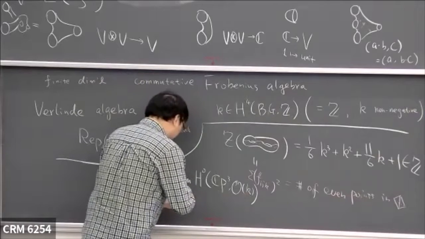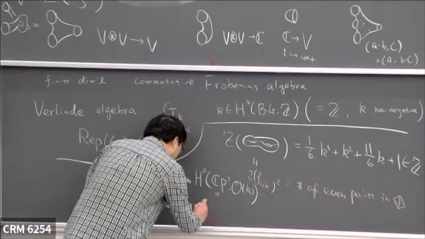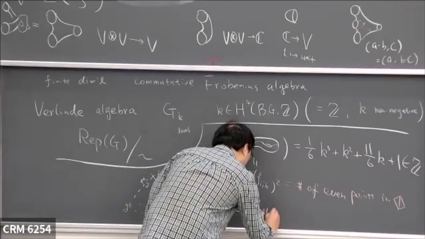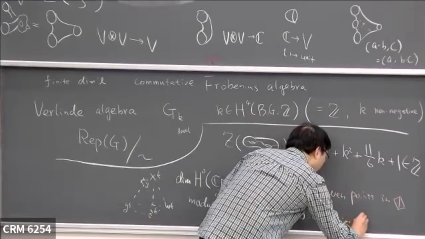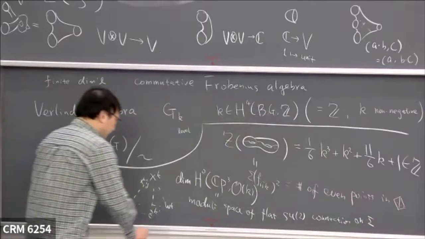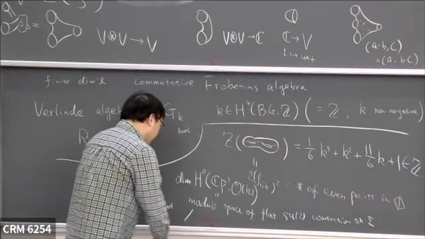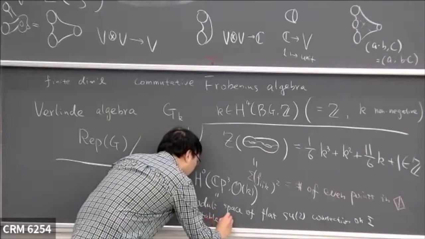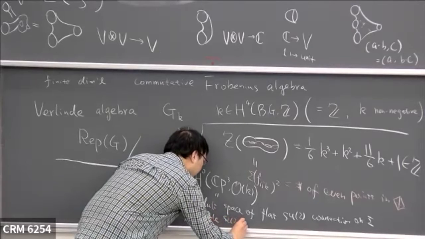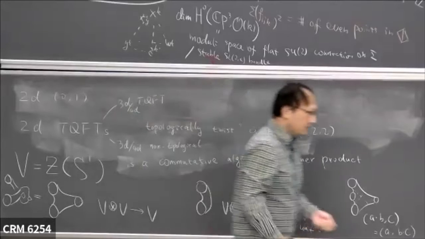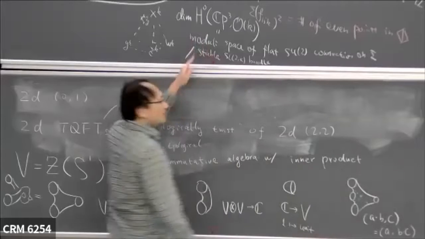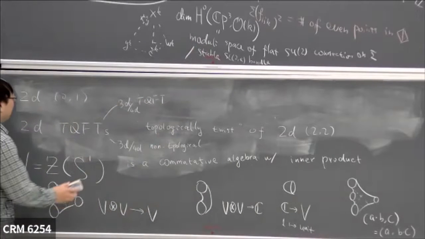And this CP^3 is actually the moduli space of flat SU(2) connections on sigma. Alternatively, you can view this as a moduli space of stable SL(2,C) bundles. So it is generally true that this particular function is counting the number of holomorphic sections like this.